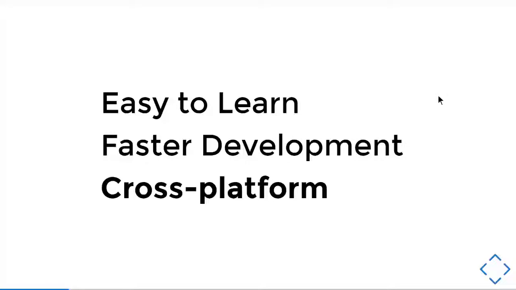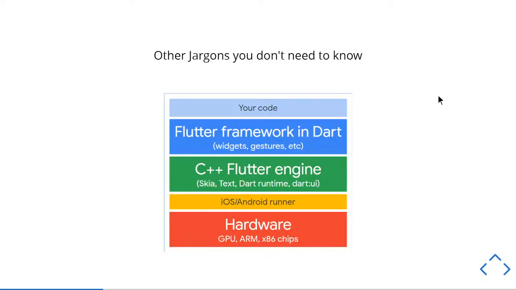You can export it to Android, web, macOS, Windows, Linux, Chrome OS, and Fuchsia, which Google is building right now. So yeah, it is better than the other alternatives like React, which have a bridge between your app's code and the native code.